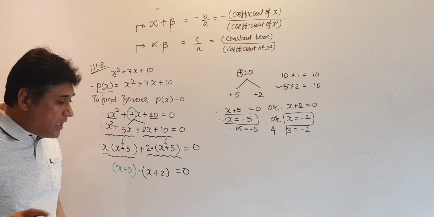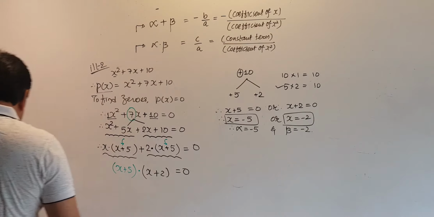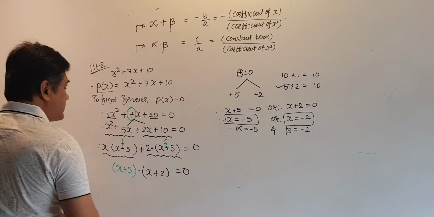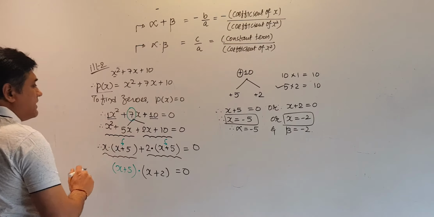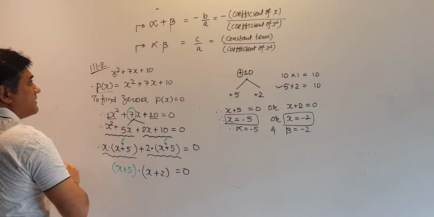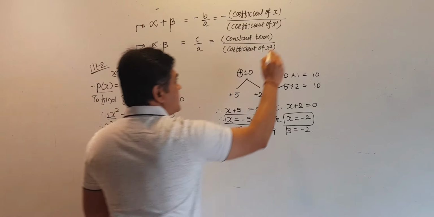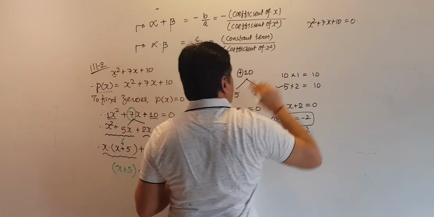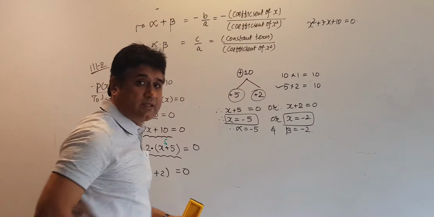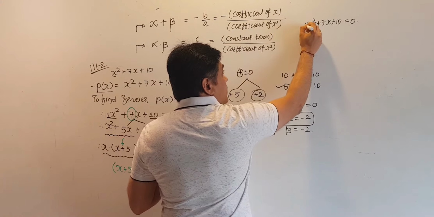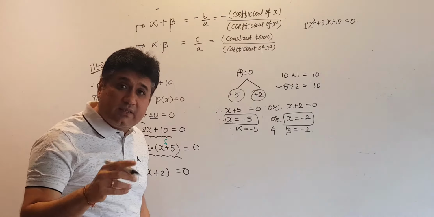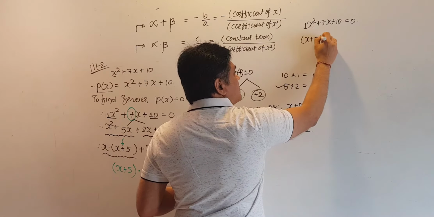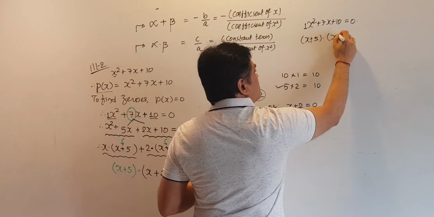Now friends, now onwards, if you feel that you have grown up, you can go the shortcut way. Shall I teach you the shortcut? Yeah. X square plus 7x plus 10. Please watch carefully. X square plus 7x plus 10 equals to 0. Now you got that plus 5 and plus 2 are the factors. So while the coefficient of x square is 1, then you can write directly like this: x plus 5 into second factor x plus 2.